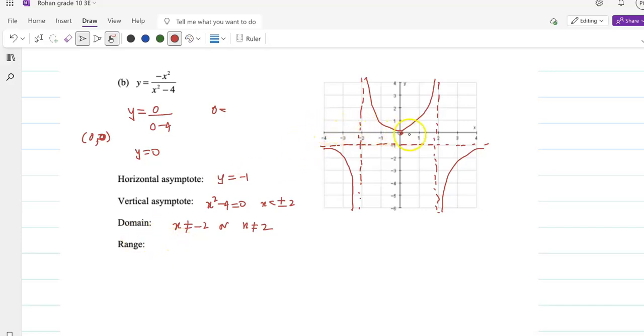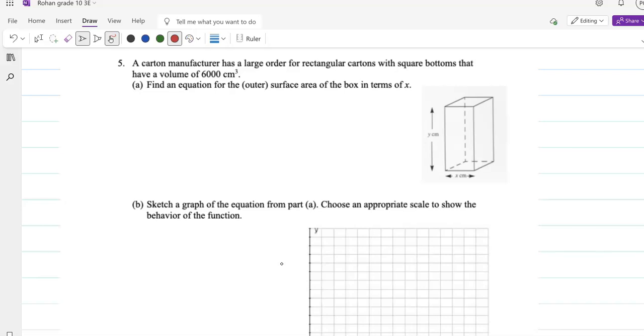You take the minimum and the maximum x. Range is y: y is not equal to -1. Domain is always in terms of x, and range is in terms of y.